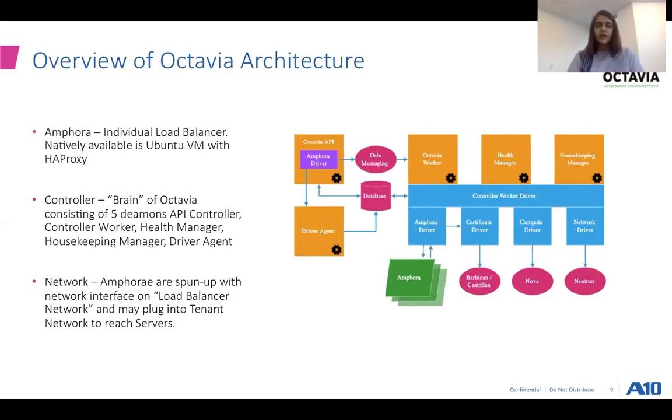Each amphora comes up with a network interface on the load balancing network. What this provides is a direct connection into the tenant network so that you can access the tenant servers. Next slide, please.